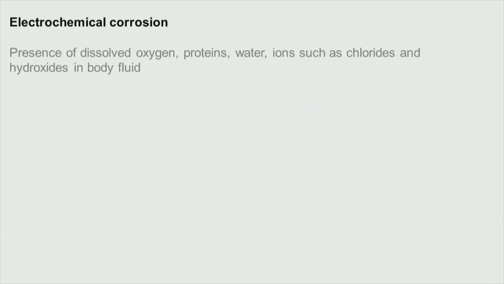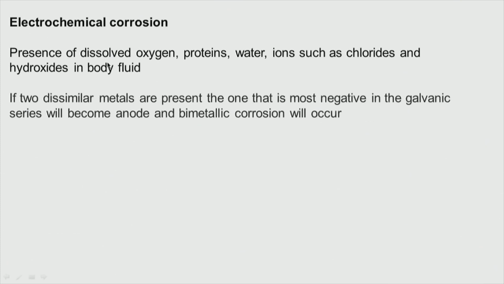Okay. So, electrochemical corrosion, as I said, involves the presence of dissolved oxygen, proteins, water, and ions such as chlorides and hydroxide in the body fluid, and if two dissimilar metals are present, the one that is most negative in the galvanic series will become the anode, and the other one becomes the cathode. What is this galvanic series? We will look at it.